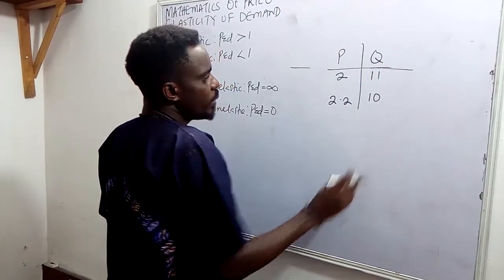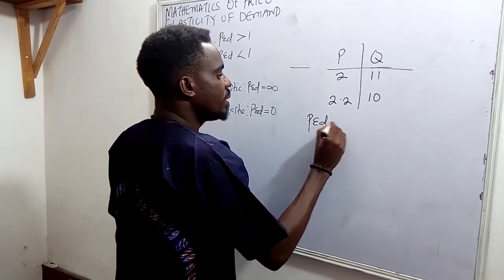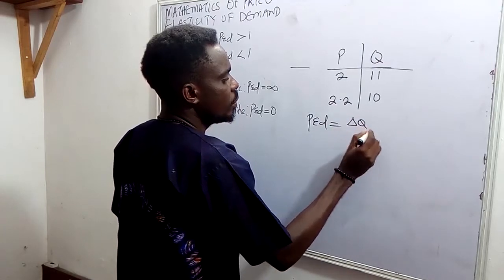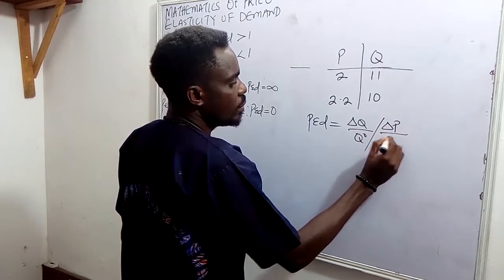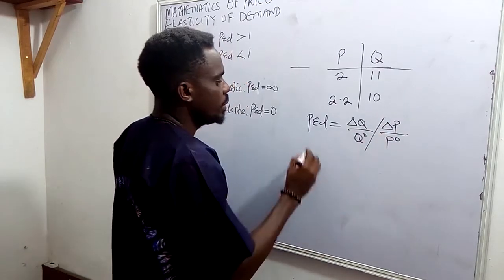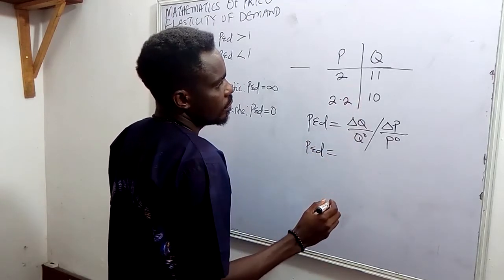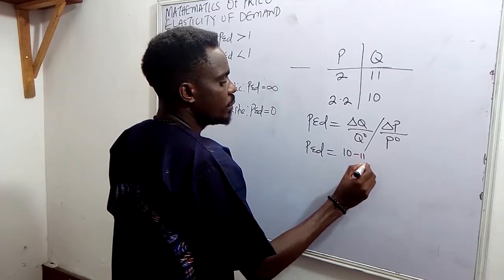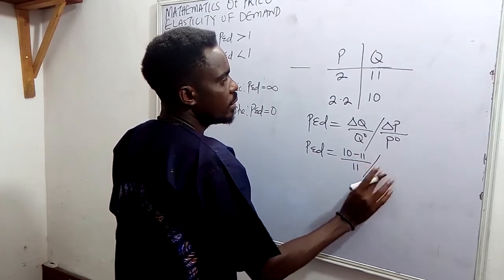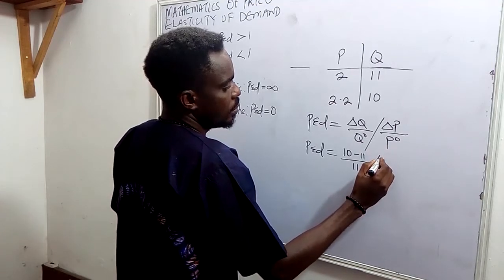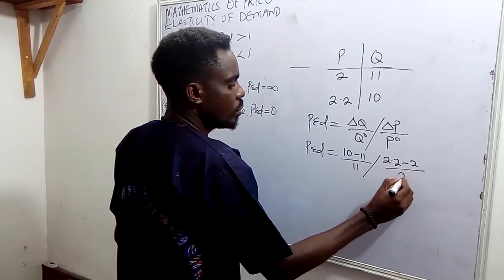So the mathematical expression is the coefficient of price elasticity of demand is change in Q over original Q divide change in P over original P, which is 10 minus 11 divide 11, or divide 2.2 minus 2 divide 2.